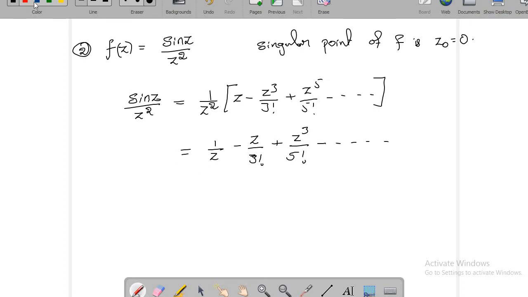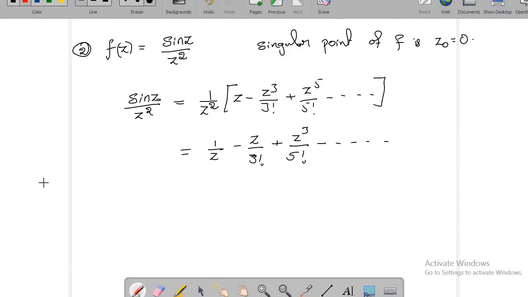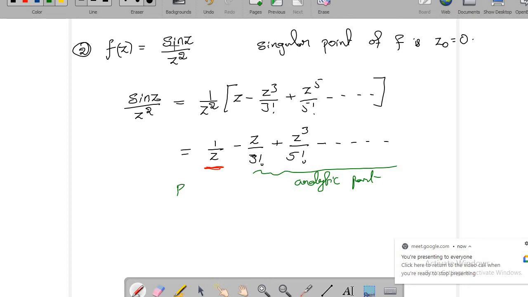Now where is the principal part? Do you find any principal part in this expansion? 1 by Z, sir. Yes. So there is one term. Z and Z cube and all are the analytic part, whereas this 1 by Z is exactly the principal part.